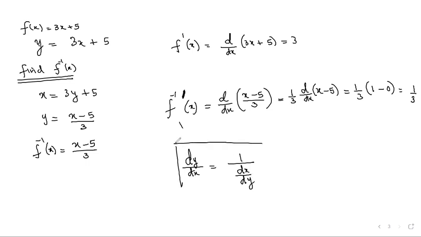So dy by dx is 1 upon dx by dy. If you take the derivative of y with respect to x and of x with respect to y, they are reciprocal of each other. Is it clear to everybody?